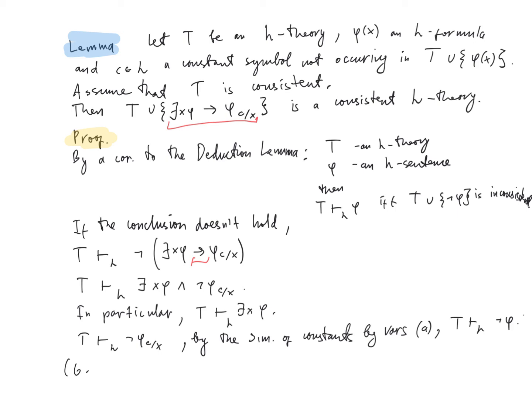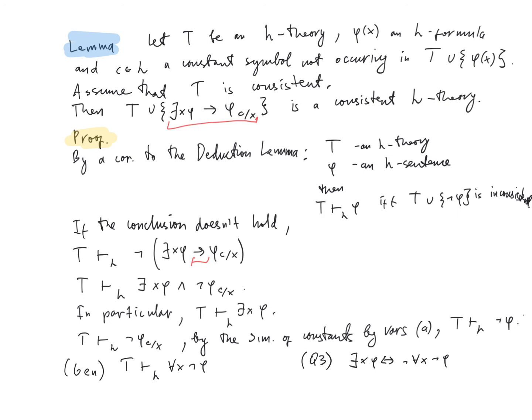By the generalization rule, this tells us that T proves for all x not phi. We also have an instance of the quantifier axiom Q3, which tells us that exists x phi if and only if not for all x not phi is a logical axiom.